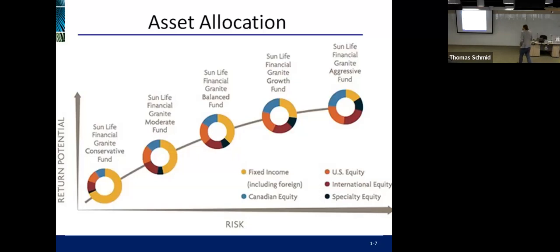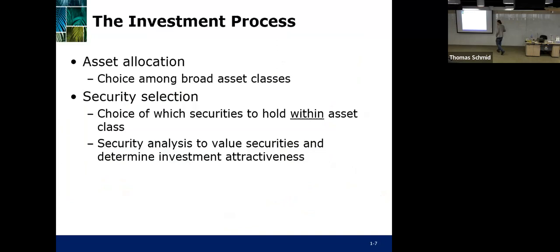So once you have chosen your asset allocation, what you do is that within each asset class you select the securities. Okay. So how exactly you do that? Let me get back to that in a second. But one way to do it, the traditional way to do it, is really what you are actually also supposed to do in your term project.